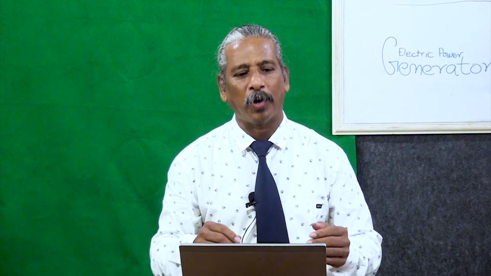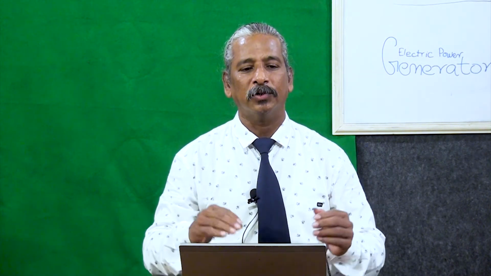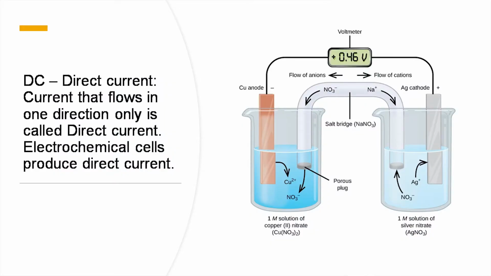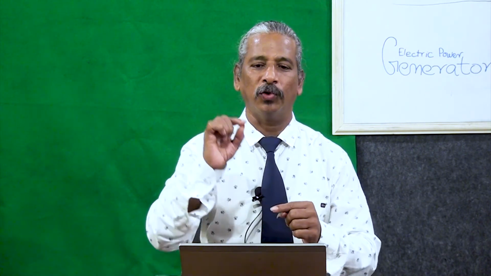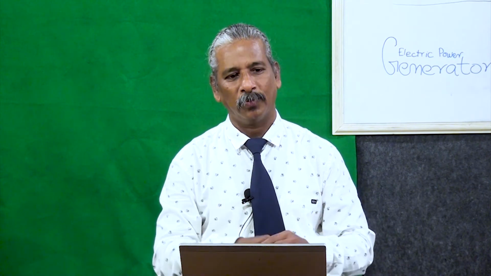In India, most of the power generating stations use this principle. DC, direct current. Current that flows in one direction only is called direct current. Electrochemical cells produce direct current. Mostly you can see the cells. They are electrochemical gadgets. They give you direct current.